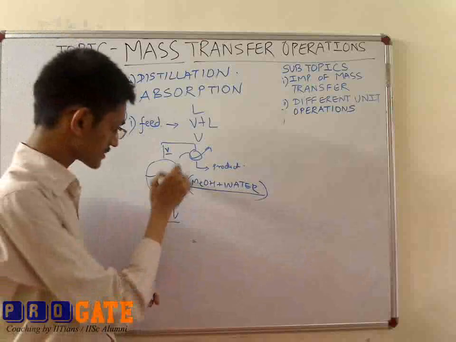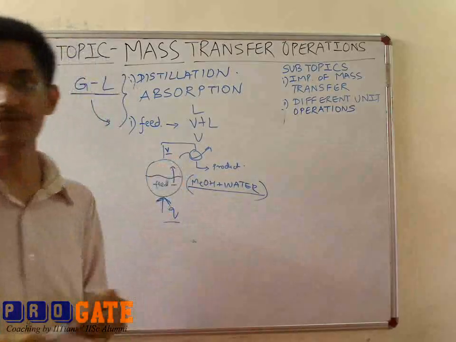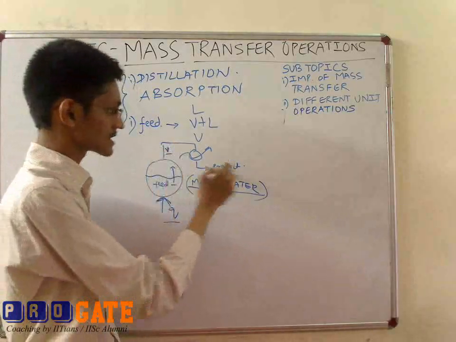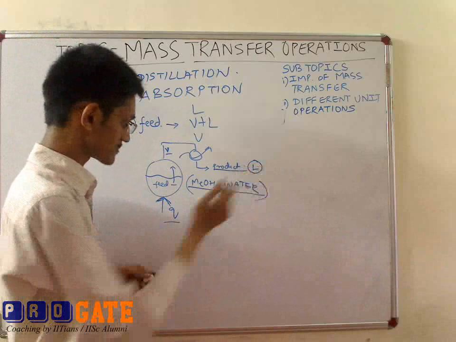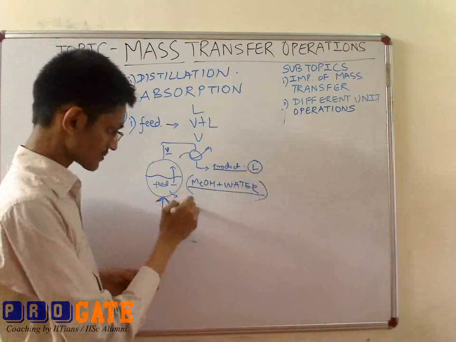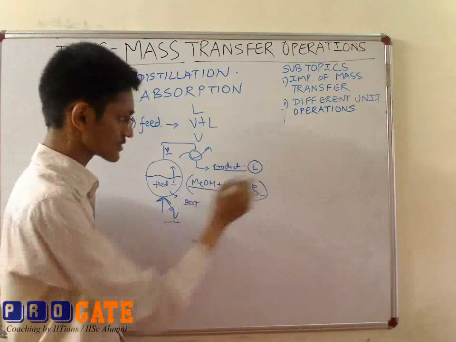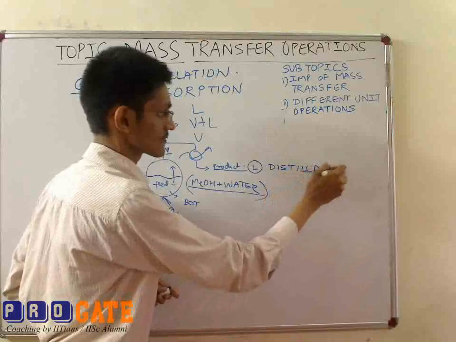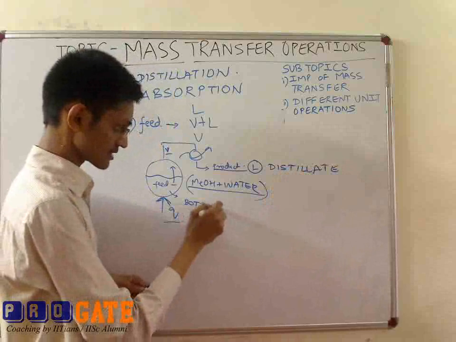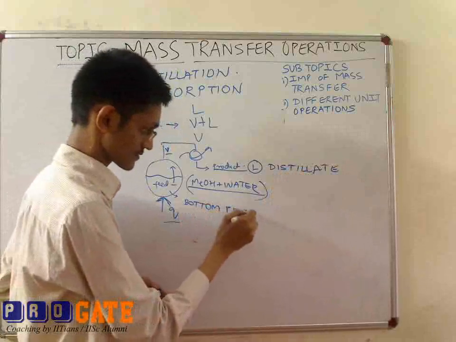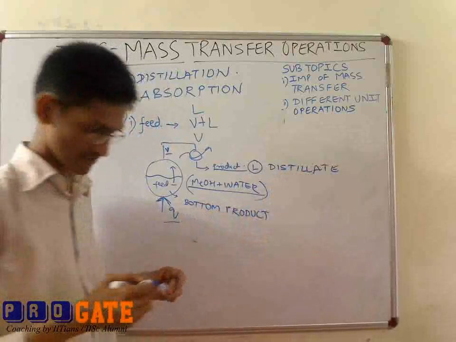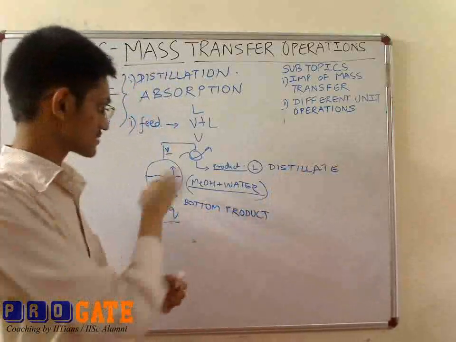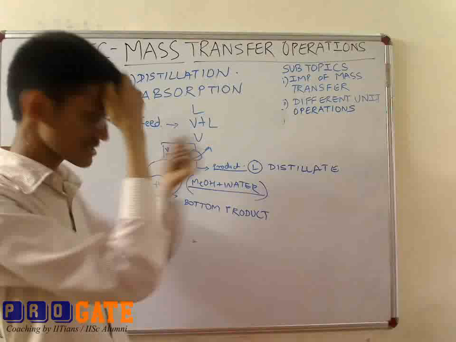So there is mass transfer involved from the feed to the vapor phase, and hence on condensation we get the liquid product, which we call the distillate. This is the bottom product. Both differ in composition, hence we have achieved the separation. And there is mass transfer involved from one phase to the other.